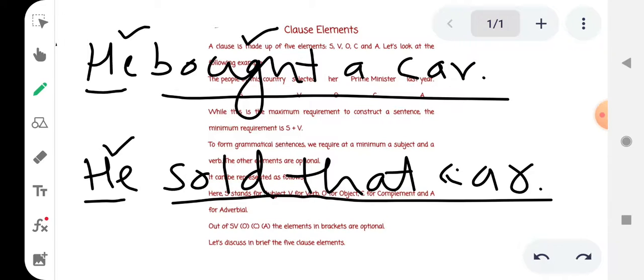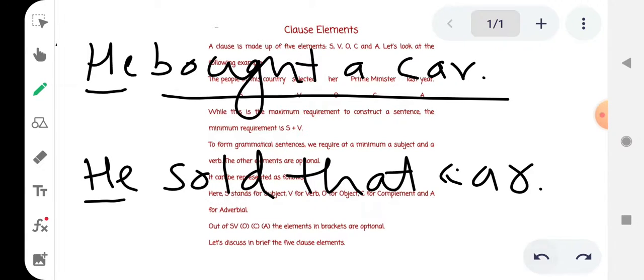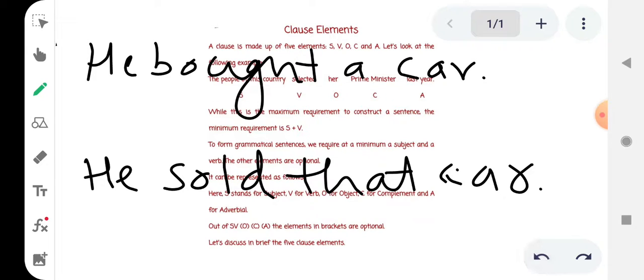This is also one clause sentence. Now we can combine these two sentences together to form one single sentence. He bought a car and he sold that car. Full stop.